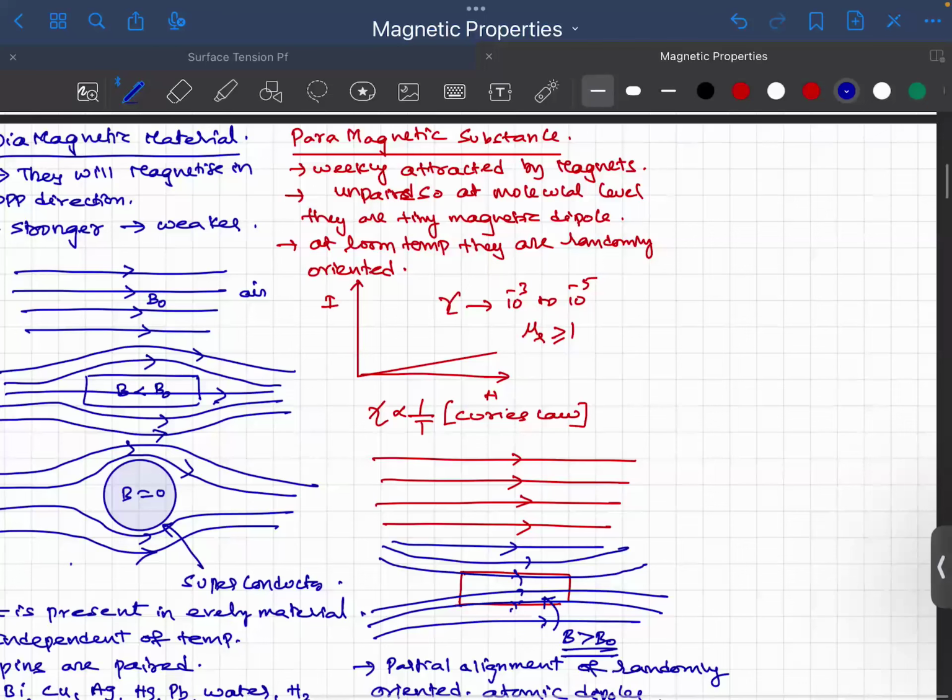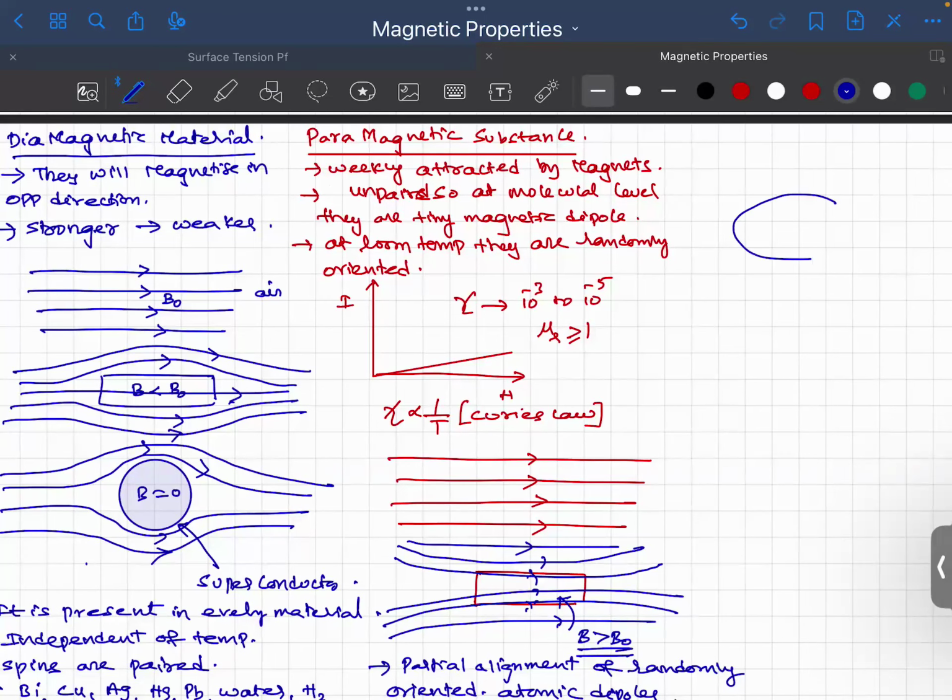I'll explain. You can imagine that. Say this is the path along which an electron moves, for example. So this is equivalent to a magnetic dipole moment whose moment is in this direction.